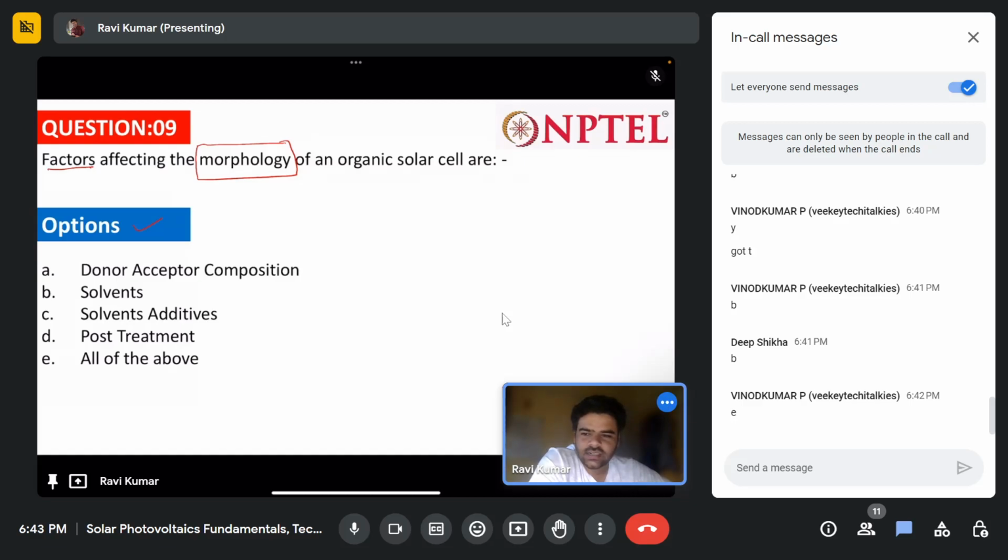Smart, he said E, all of the above. Yes, it is E. It is donor acceptor composition, solvents, solvent additives, post treatment. So it's all about the fabrication. Yes, all of the above. Answer is E here.